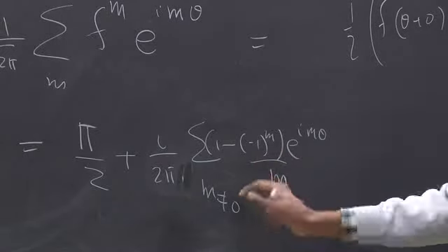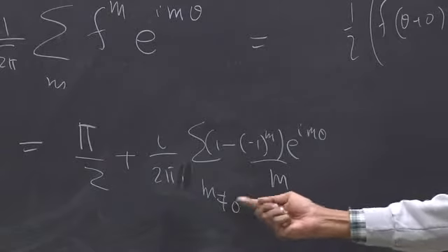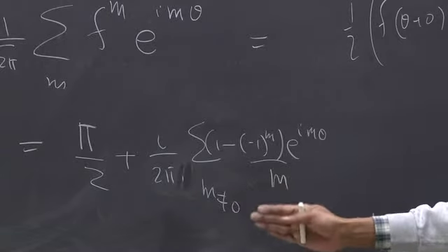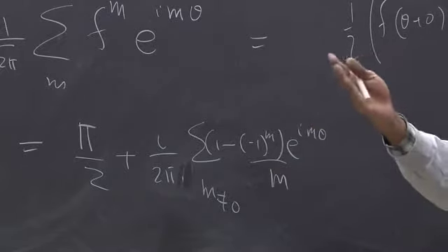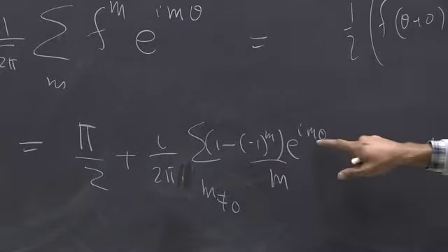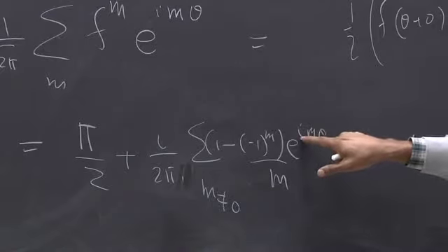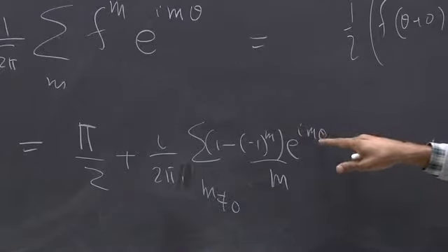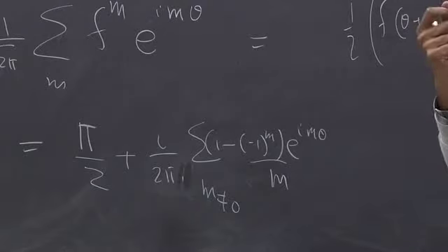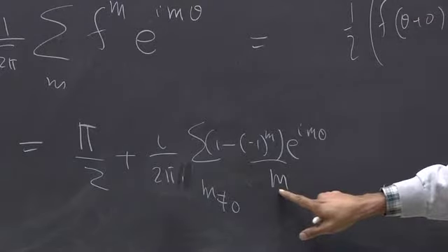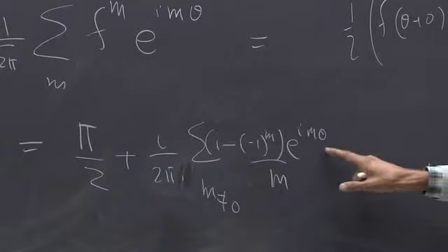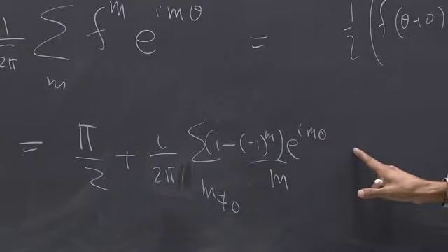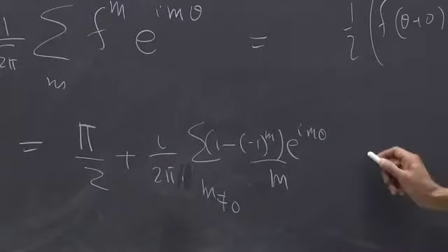Secondly, you can combine m positive and m negative, say m equal to plus 3 and m equal to minus 3. One term will be e to the i 3 theta, the other e to the minus i 3 theta, but the m also changes sign. So when you add them up, it will be a difference of these two phases.